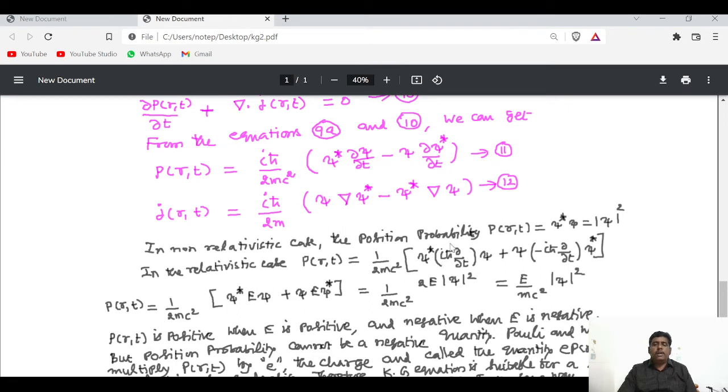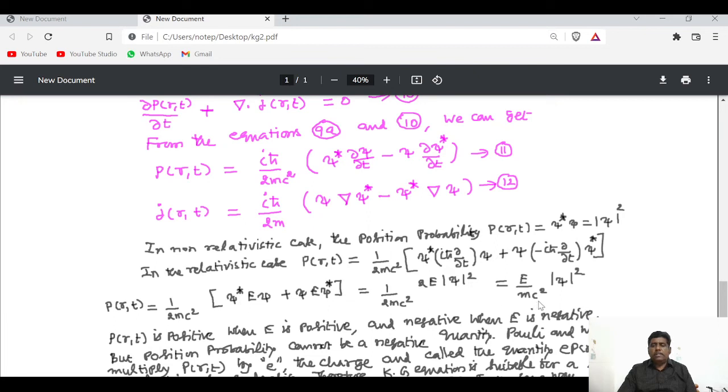We know that iħ dou by dou t is our energy operator, and minus iħ dou by dou t is E star, the complex conjugate of this energy operator. But if E is Hermitian, E star is equal to E. So this is E into psi star psi plus E into psi star psi. Psi star psi is the absolute square of psi. So 2 times E into the absolute square of psi.